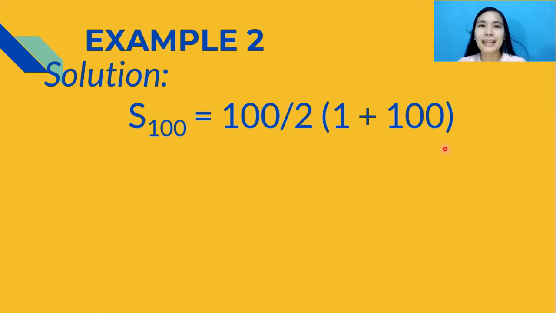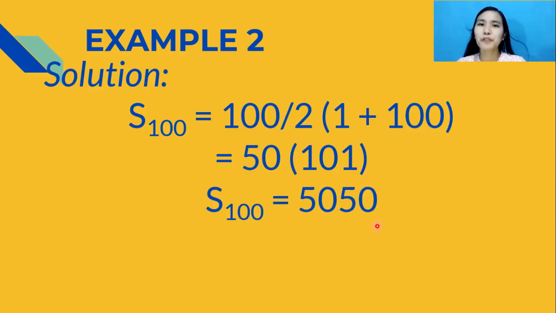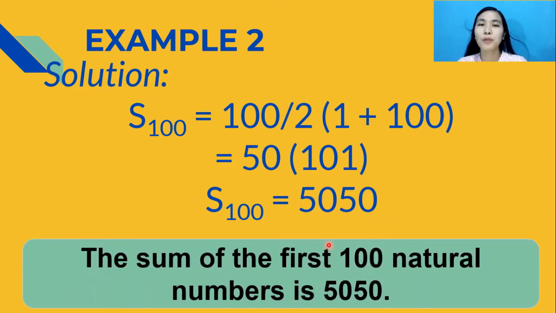Simplifying these terms, 1 plus 100 is 101. 100 divided by 2 is 50. 50 times 101, the answer would be 5,050. So therefore, the sum of the first 100 natural numbers is 5,050.